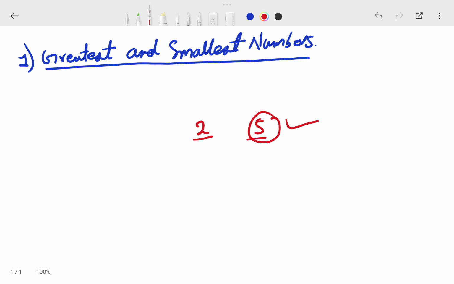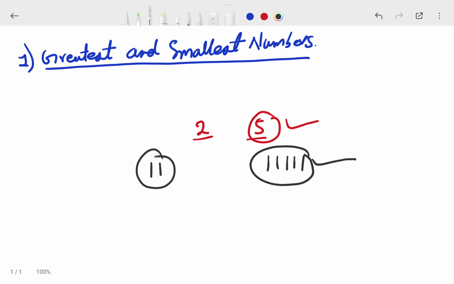Why? Because we know that in counting, 5 is greater. In simple language you will say, sir, I have 2 chocolates, my friend has 5 chocolates. So who has more chocolates? You will say my friend has, because he has 5 chocolates and I have only 2. It means that this 5 is greater. Yes, you are right, here 5 is greater.